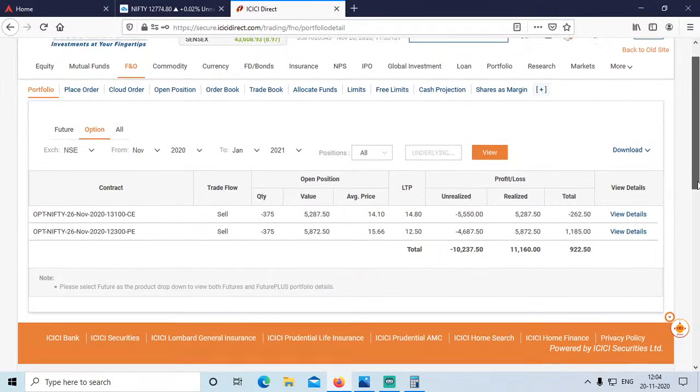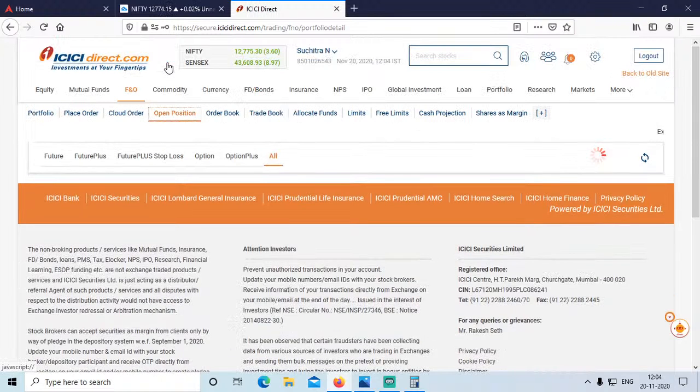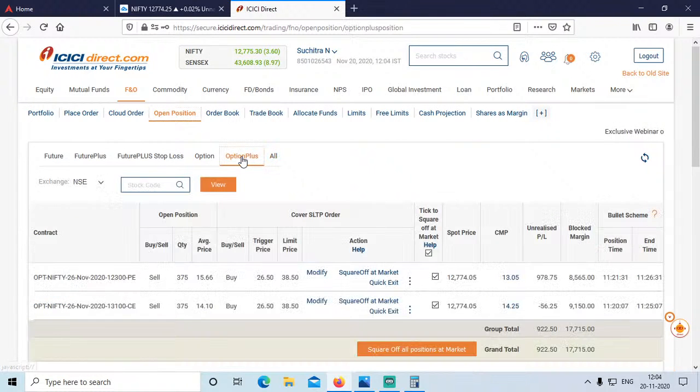Okay, if you want to know how to square off, just directly go to the order book, or you can go to open position, whichever is the easy way. Go to open position and go to option plus. In open position, in this option plus, you will see intraday.